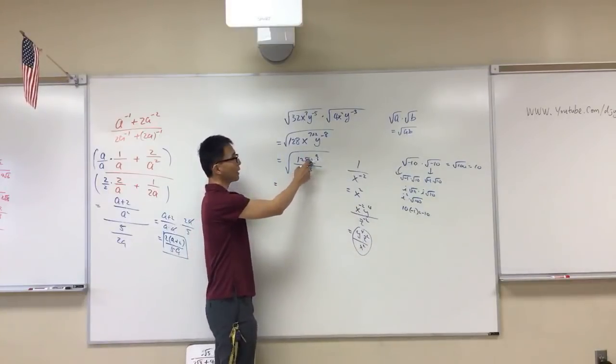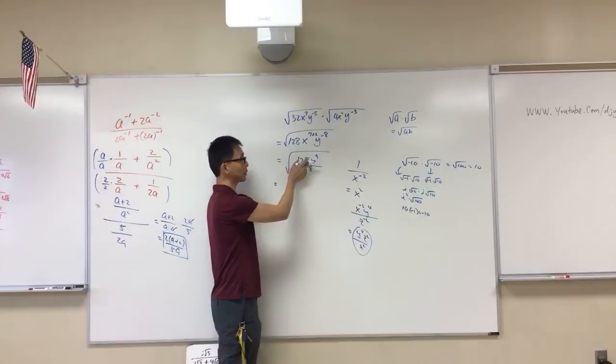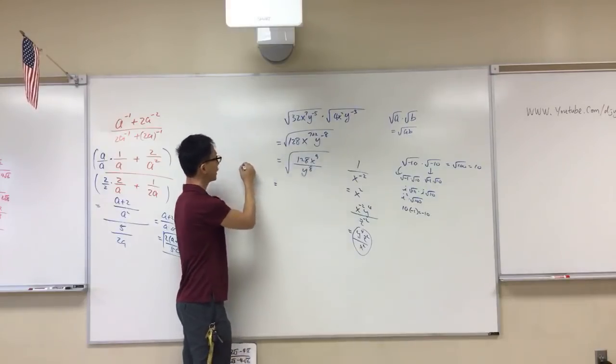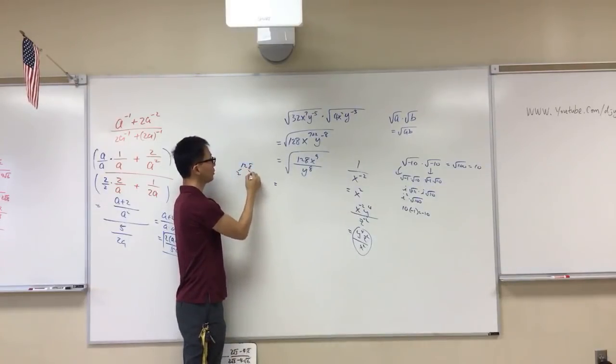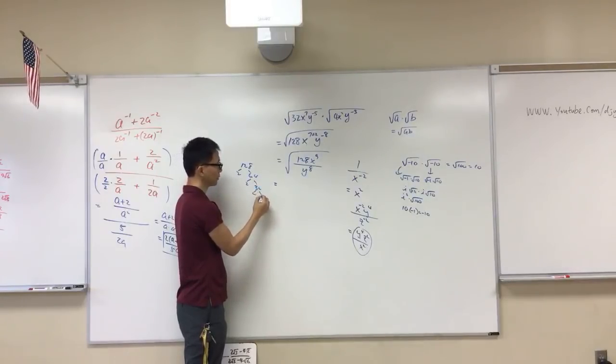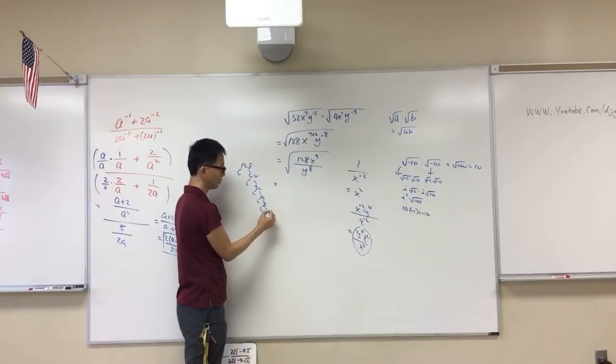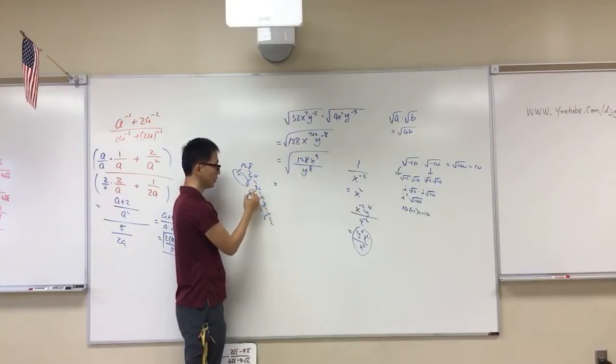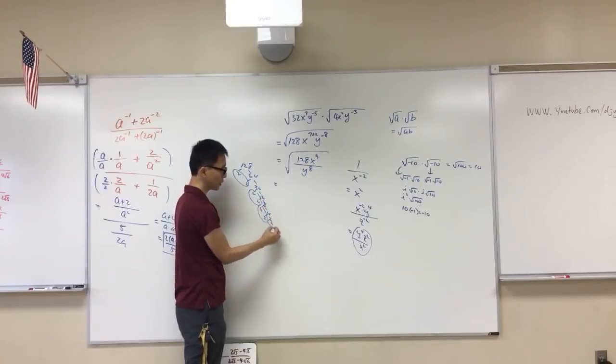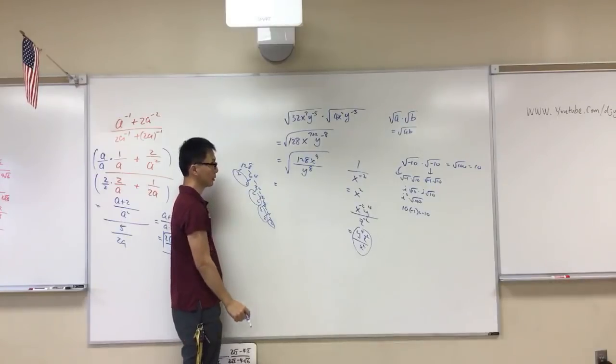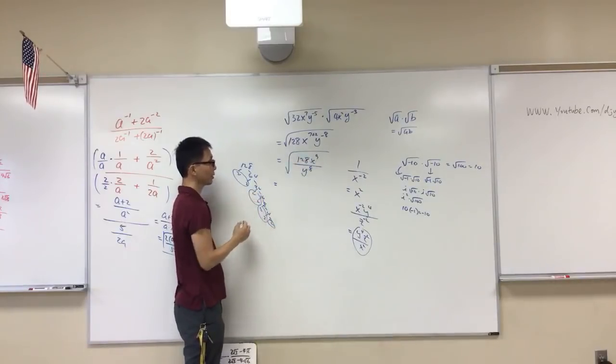Now I'm going to take out as much as I can, right? 128. I can do 2, 64, and then 2 and 32, then 2 and 16, 2 and 8, 2 and 4, and 2 and 2. So you can take out 1, 2, 3 twos, and this one has no friends. Same thing with x.